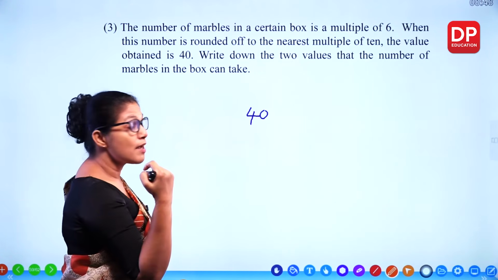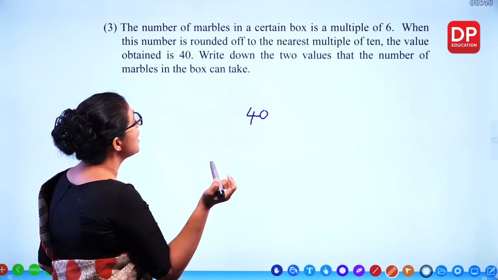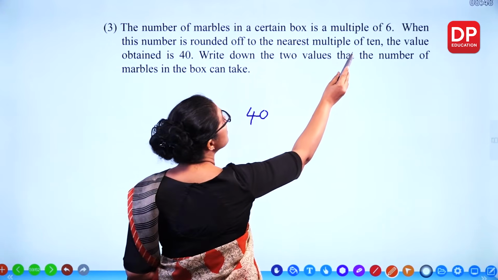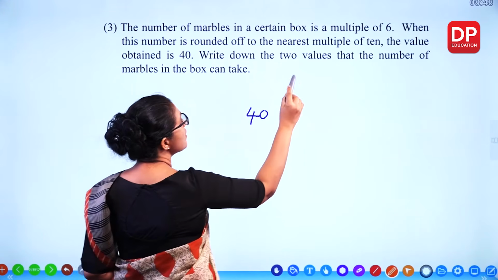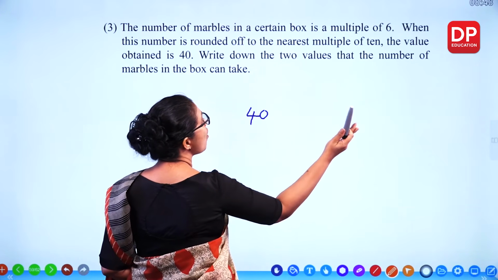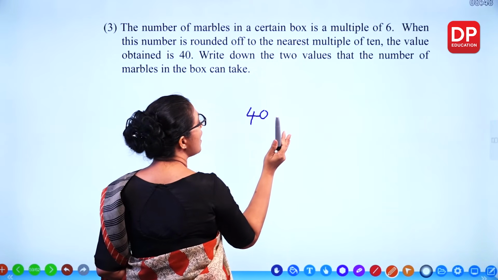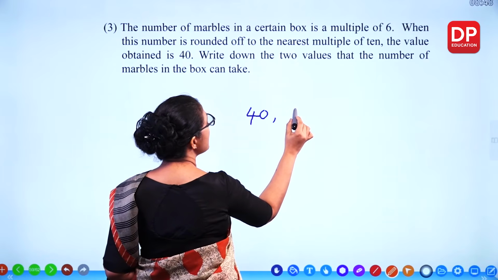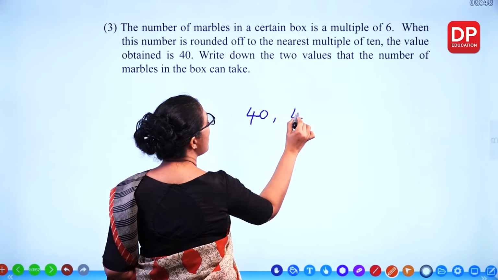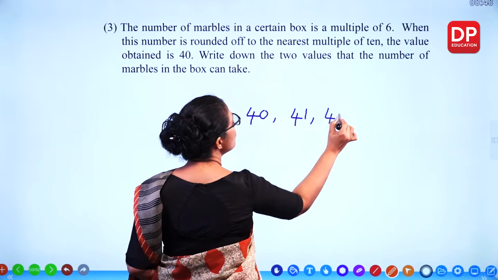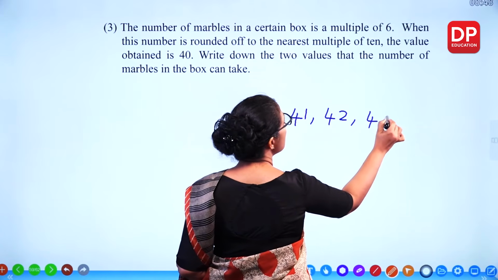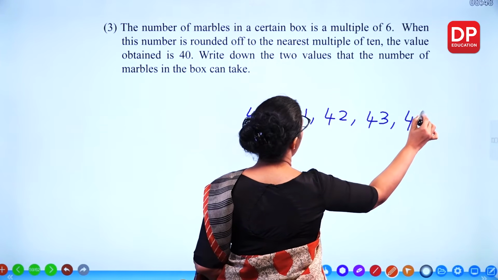You can't take 45 or 46 or above. So, what are the numbers you can take? You can take 41, 42, 43, 44.